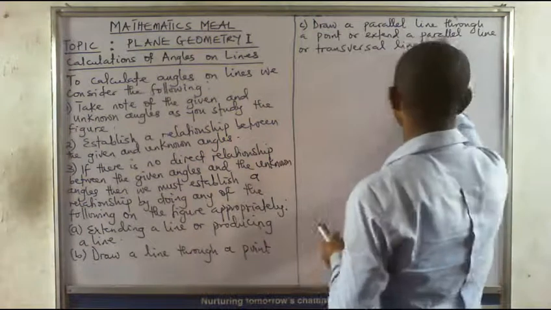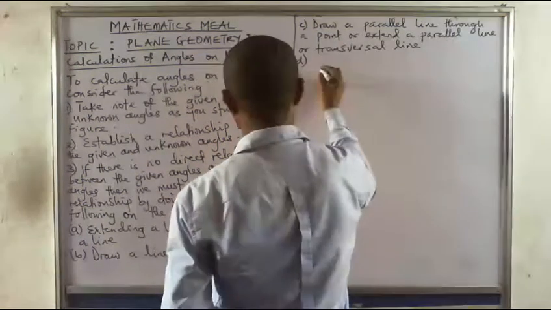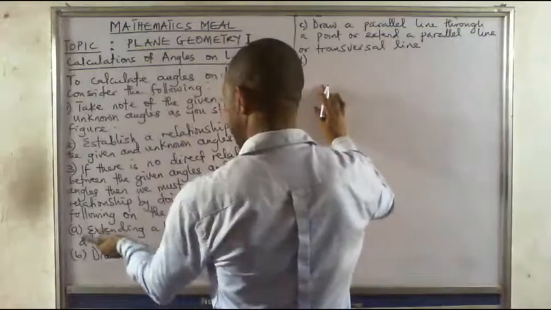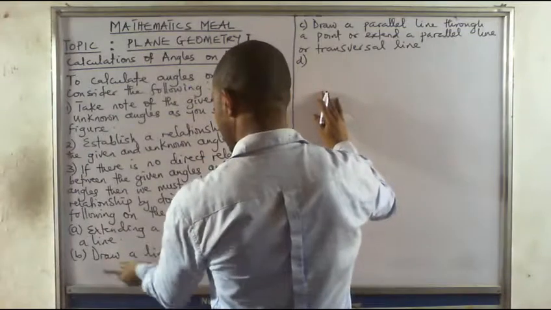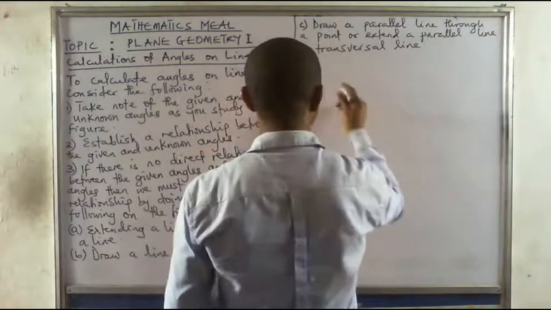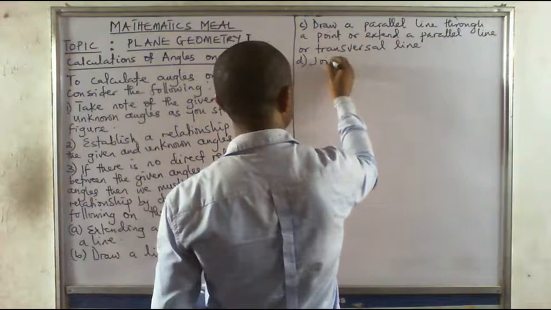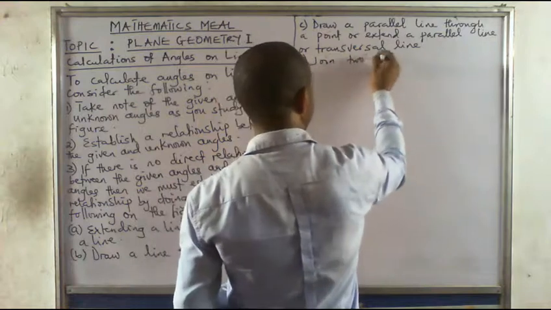We can also add this one: extending a line, producing a line, drawing a line through a point. We can also join two points, etc.